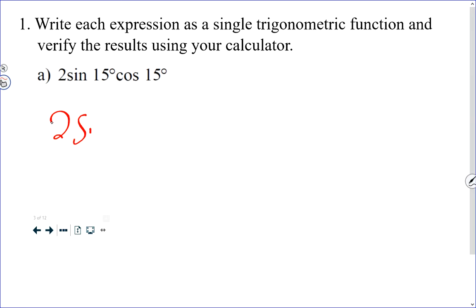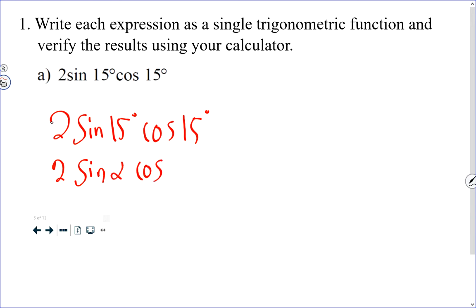You have 2 times sine of an angle, which is 15 degrees, multiplied by cosine of an angle, which is 15 degrees. And we also have an identity that says 2 sine alpha cosine alpha equals sine of 2 alpha.